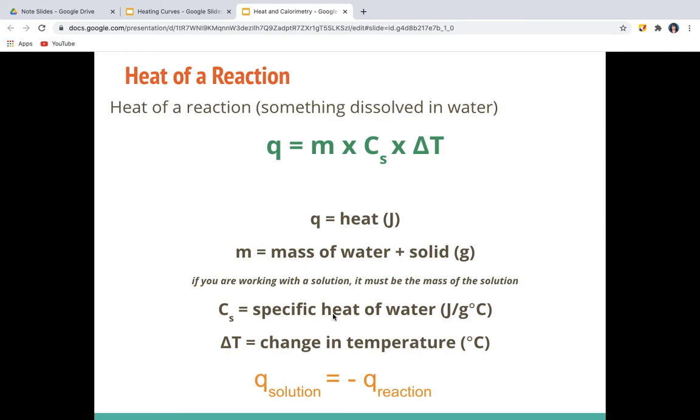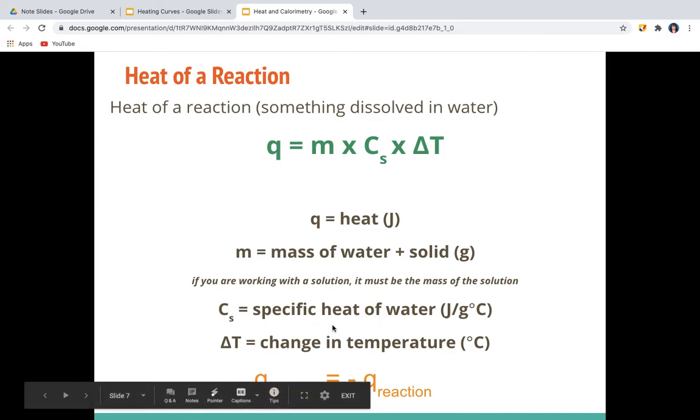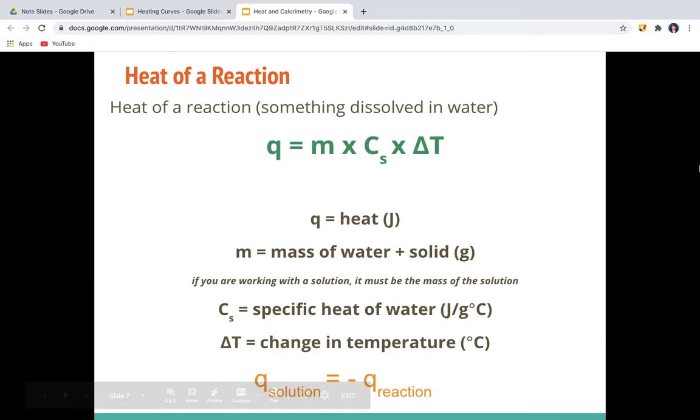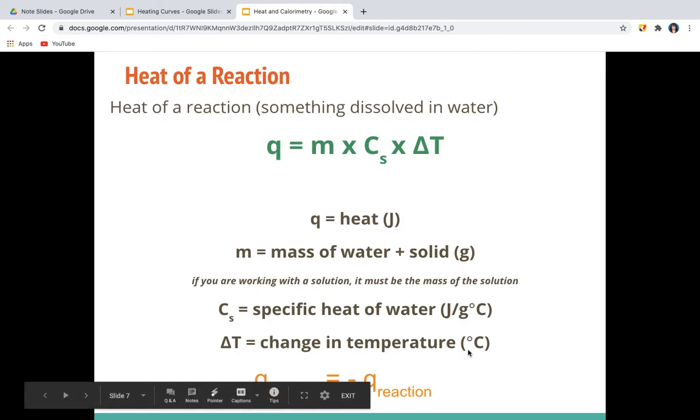And then we're going to use the specific heat of that solvent. Since water is the universal solvent, it's most often that we use the specific heat of water. If we're going to use the specific heat of something else, you'll be given it. So if you're dissolving something in ethanol, I'll definitely give you that change. And so then your heat of your solution is what you find when you plug these things in. And then the heat of the reaction is actually the additive opposite of that.